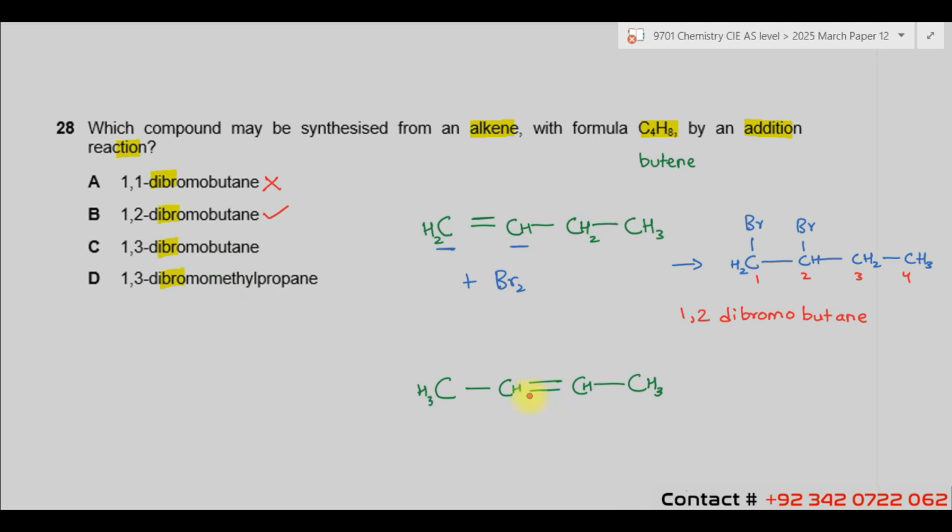Let's see what happens if we use this one. So again we have bromine. It will add itself to the double bonded carbons.